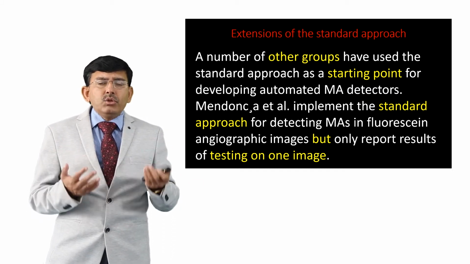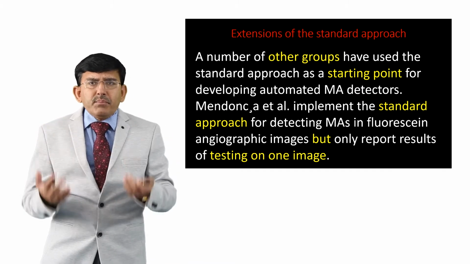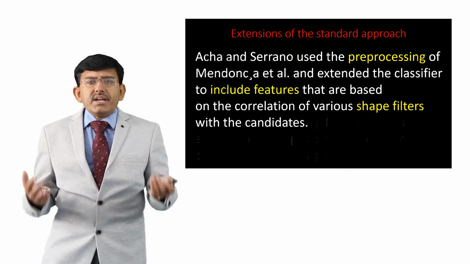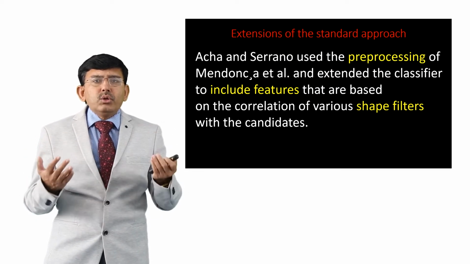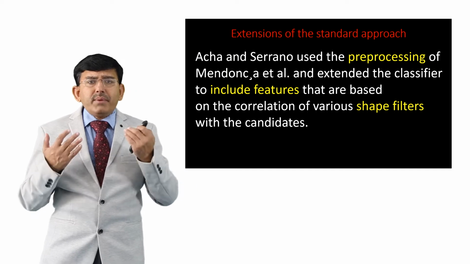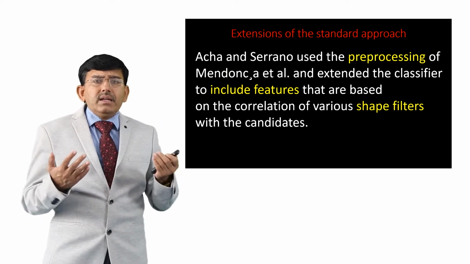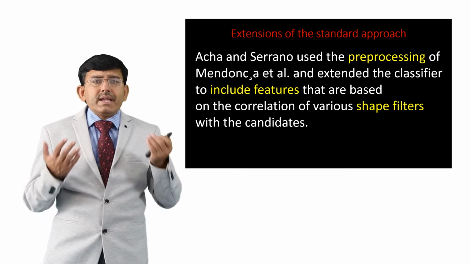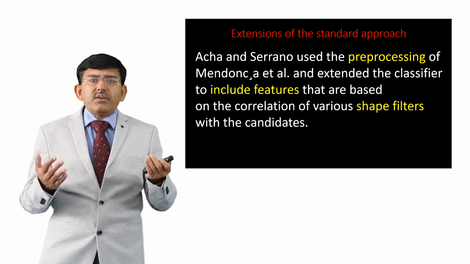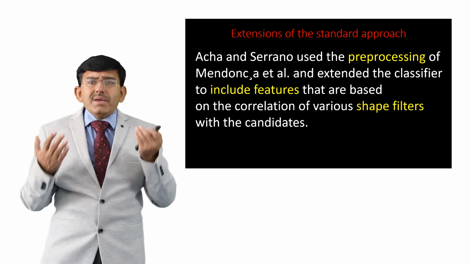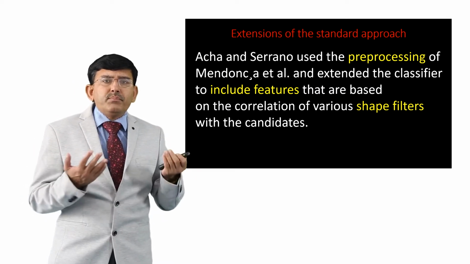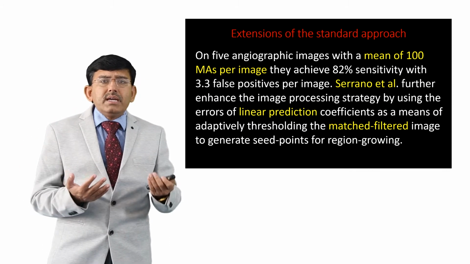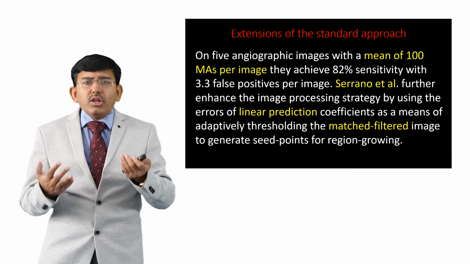Acha and Serrano use the pre-processing of Mendonca and their group and extend the classifier to include features that are based on the correction and correlation of various matched filters with the candidate.